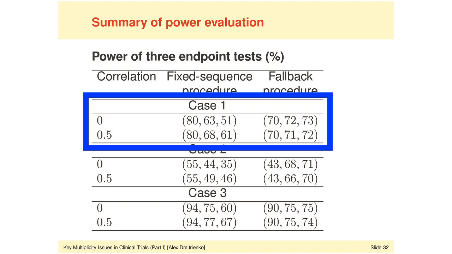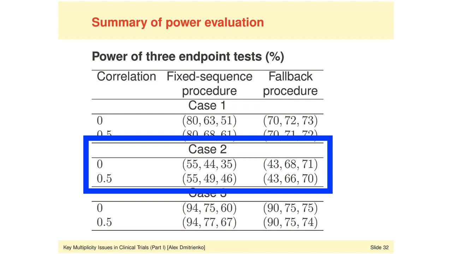The remaining fraction of the alpha is going to be spent on the other 2 endpoints, and this helps improve their power, and it's a very nice improvement. When we compare the second and the third columns under case 1, we see that after the fallback adjustment, the second and third endpoints are powered at more than 70%.